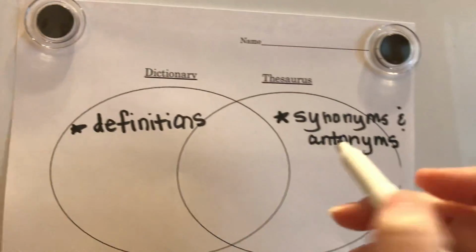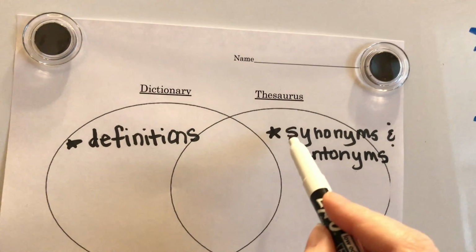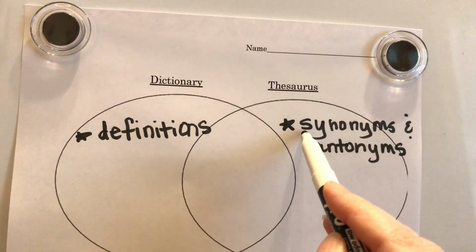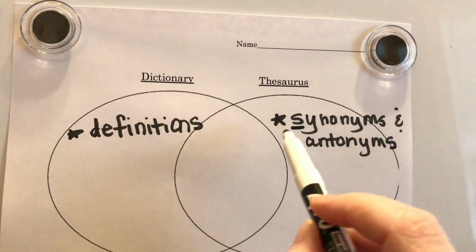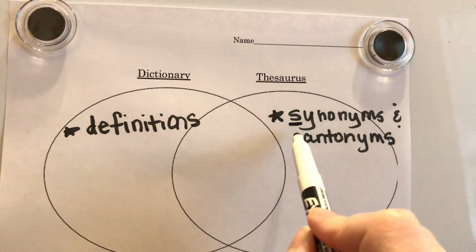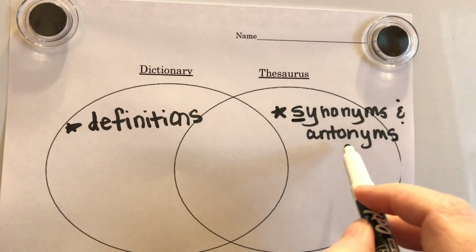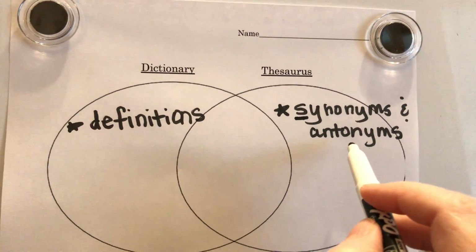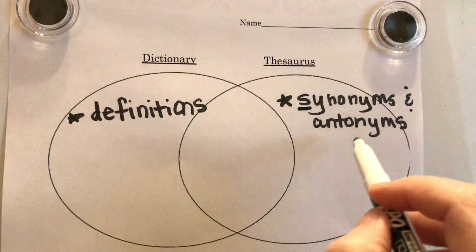So let's talk about this. Synonyms. Not cinnamon, but synonyms. Starts with an S. That means if you're looking for a word that means about the same thing. Antonym means opposite. So if I'm looking for a word that is opposite, I would be looking for an antonym.